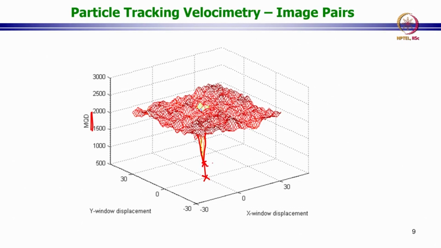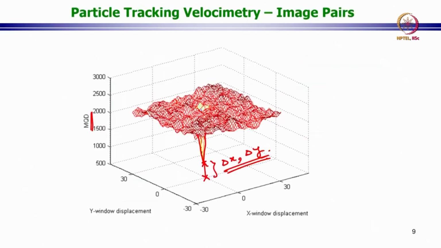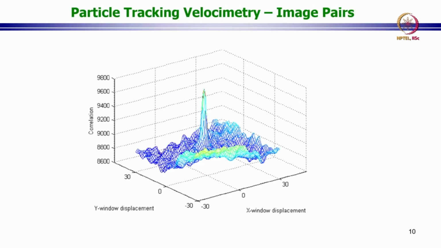So, now you can go back and calculate what this delta x comma delta y is, and when you do that it gives you the displacement of this box that you have been tracking in the second image. So, this location tells you where this box has moved. So, the delta x is that which happened in delta t time.